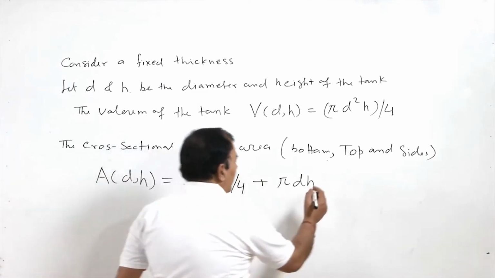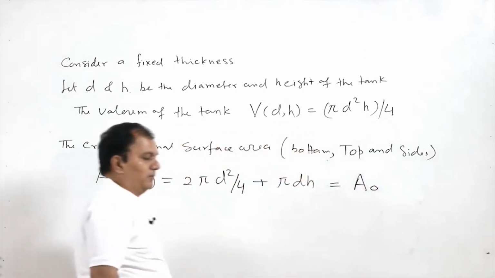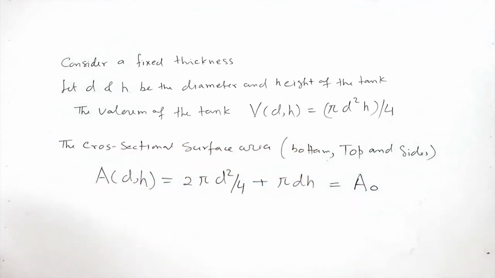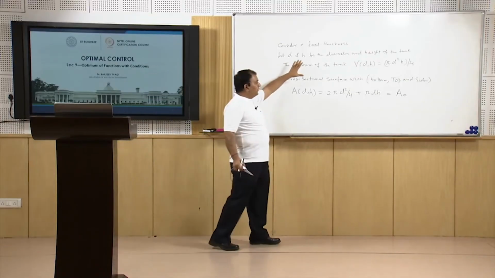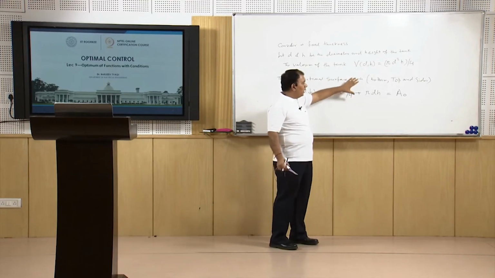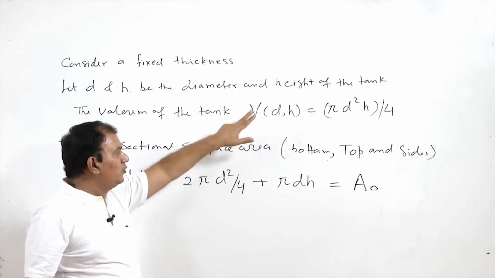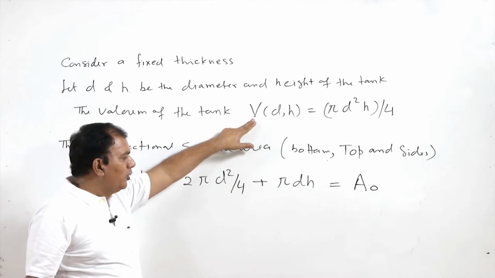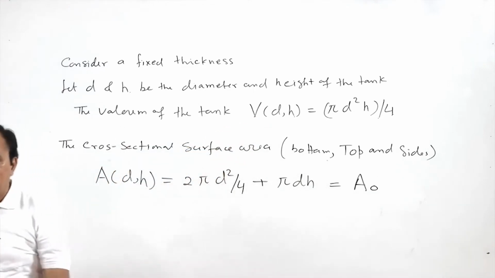Let us say this value is A naught. So, this is my extremization problem with a given condition, where my objective is to maximize the volume subject to the condition given as A.